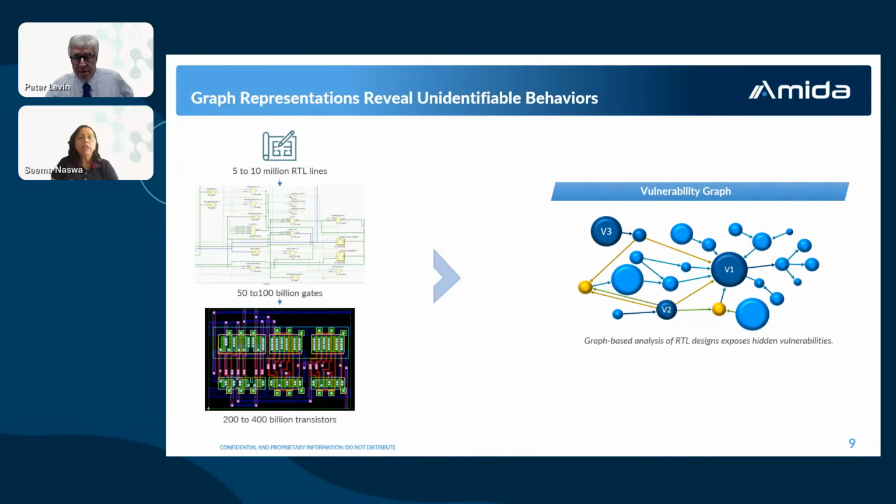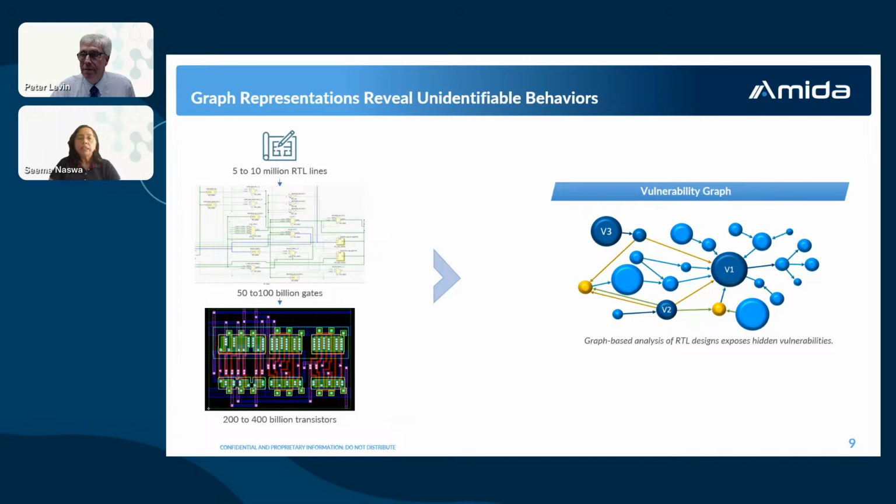Trojans could be introduced at any step of this supply chain. It makes sense to uncover these vulnerabilities at the RTL level. As Peter was mentioning, traditional rule-based verification neither provides 100% coverage nor is it effective in uncovering previously unknown attacks.